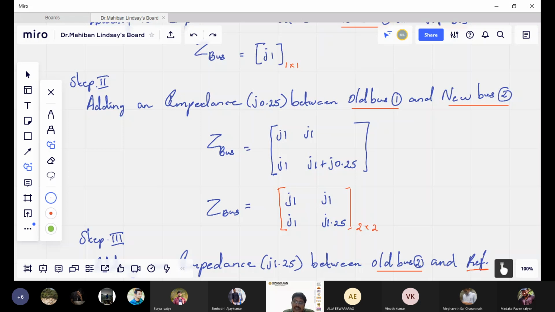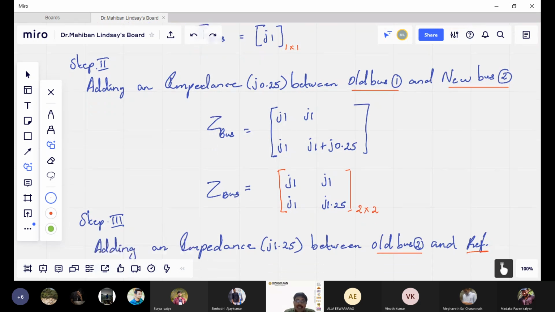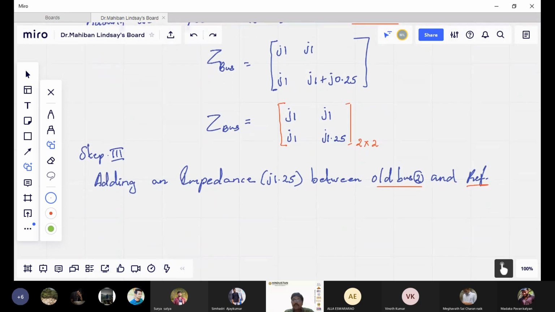That is 2 cross 2, right? The size increased. And in the third step, the size should not increase. If the size increased, we have to go for elimination. That was the step given in the type 3 modification.